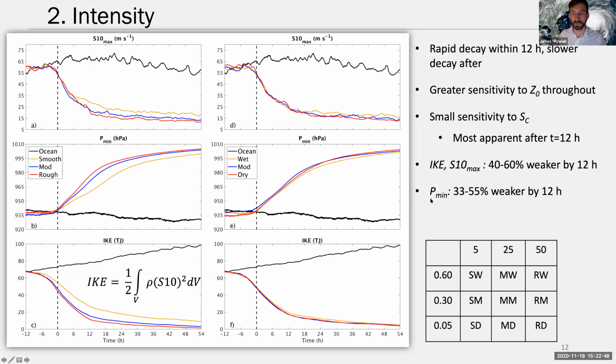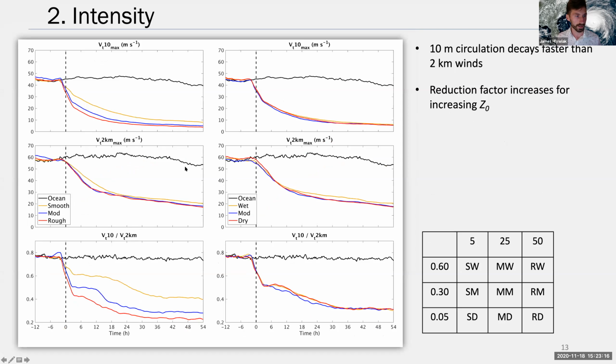And the minimum pressure remains a little bit stronger inland. It kind of lags the decay of the wind-based metrics, featuring percentages of 35 to 55% by 12 hours. And this indicates that the upper-level vortex, which PMIN better represents, remains stronger inland, or at least decays slower than the surface-based wind metrics, I should say.